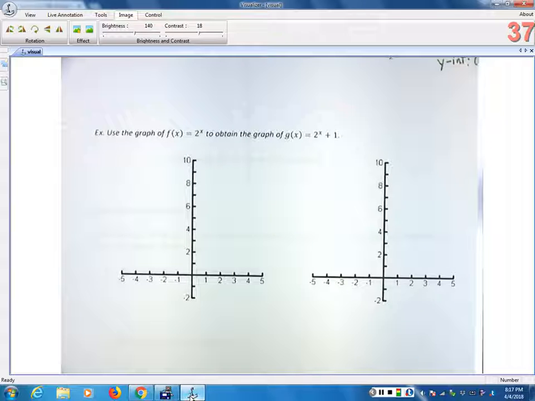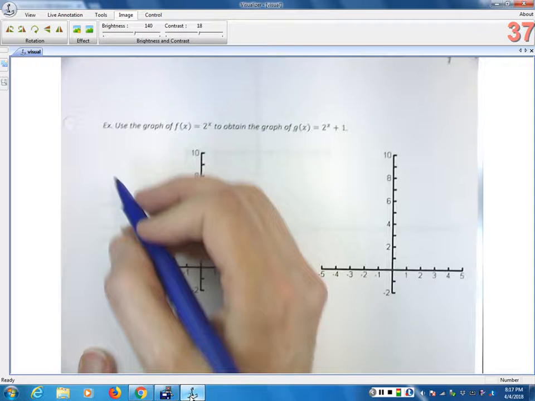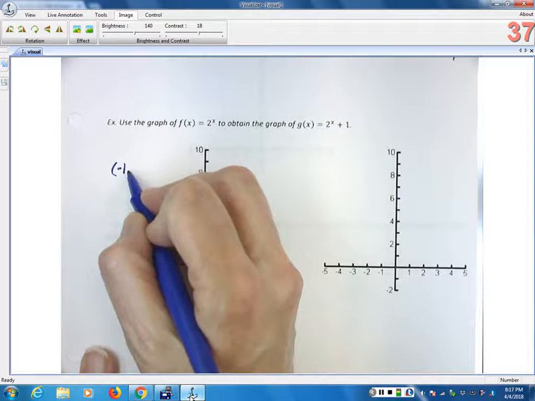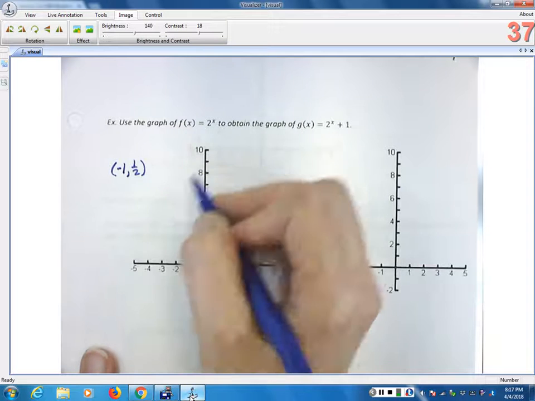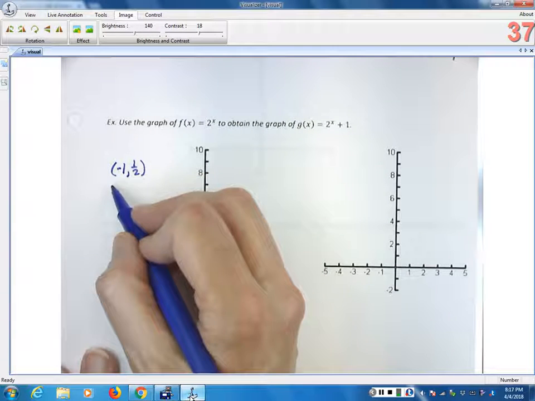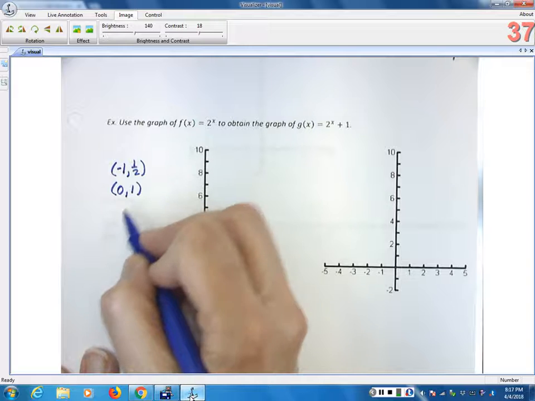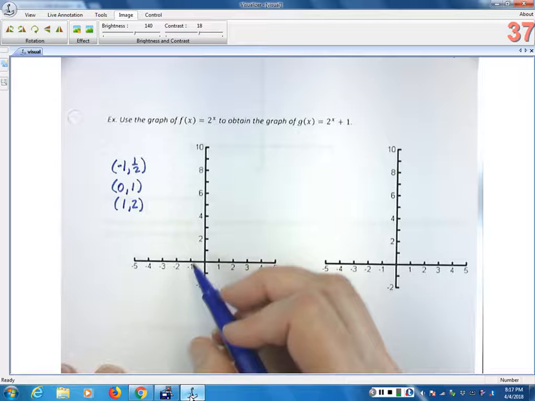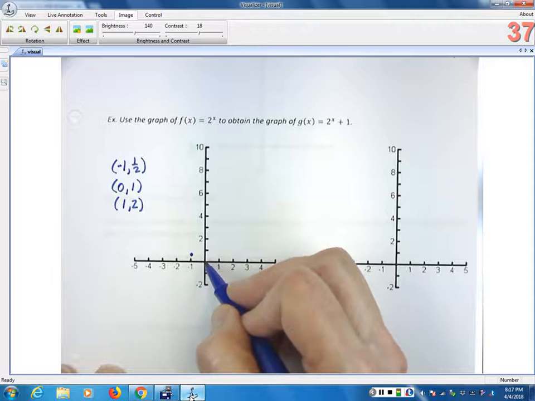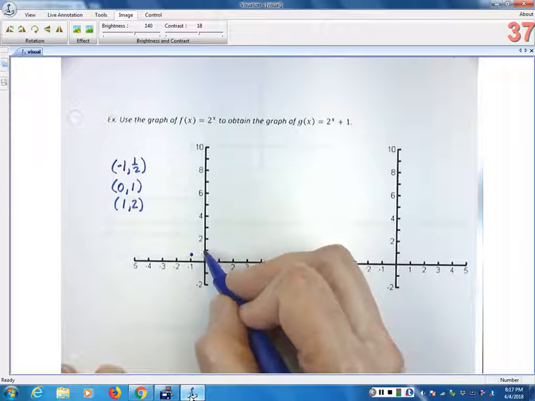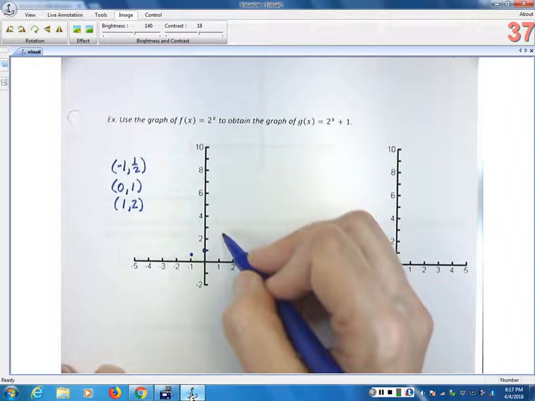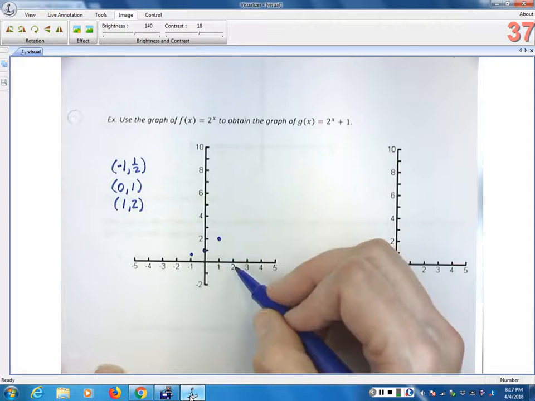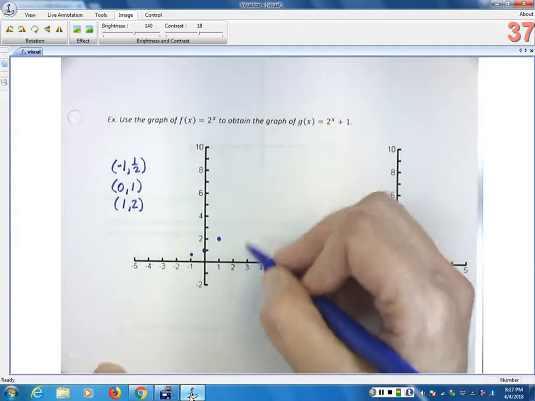Okay, now we're going to do f of x equals 2 to the x again. We already graphed this once, right? So the key points, I'm going to just write them down. Minus 1, 1/2. So the base is 2. 0, 1, and 1, 2. If you put in 2, 2 squared is 4.